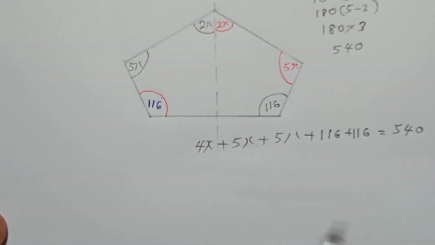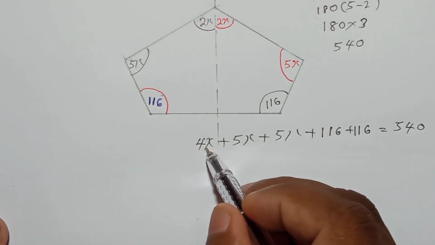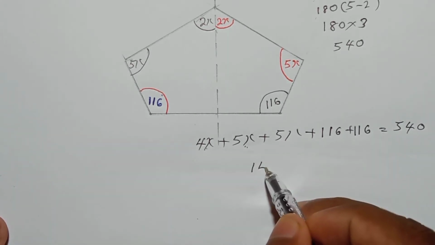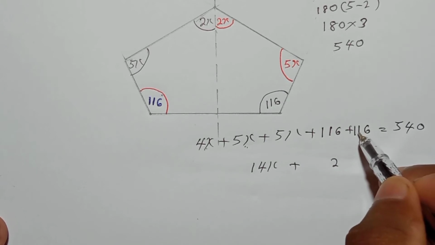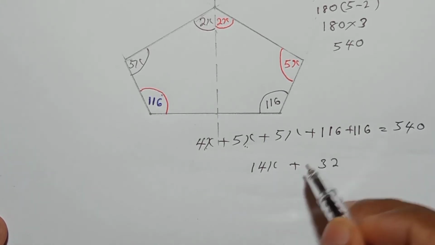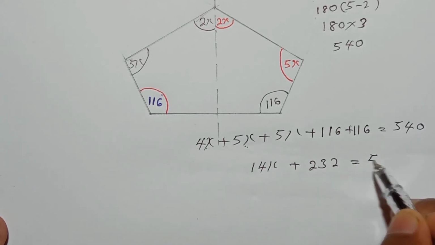Then if you solve this, you can find the value of x. Here 4x plus 5x means 9x, 9x plus 5x means 14x, right? Here 116 plus 116: 6 plus 6 is 12, 1 plus 1 plus 1 is 3, so 232. Okay, 14x plus 232 equals 540, right?